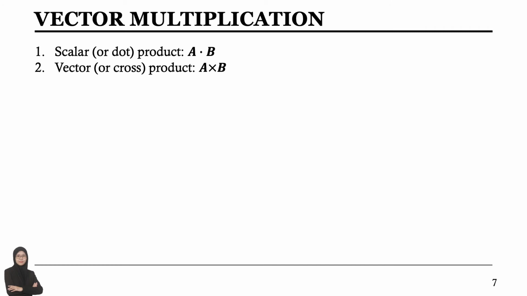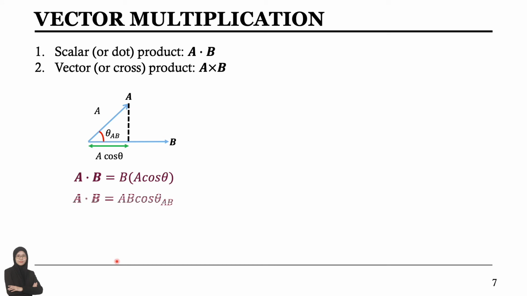The first one is the scalar or dot product, A dot B, and the second one is the vector or cross product, A cross B. Let's take a look at this illustration, where we project A along vector B. Thus, we get A cos theta, and this gives A dot B equal to B times A cos theta. We arrange it and we get AB cos theta.